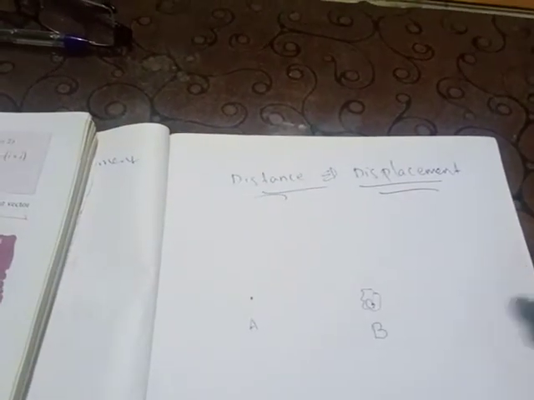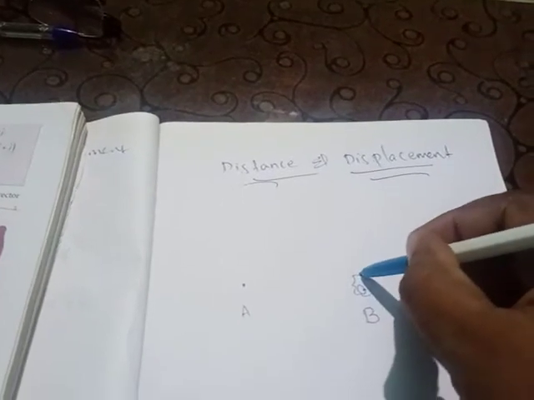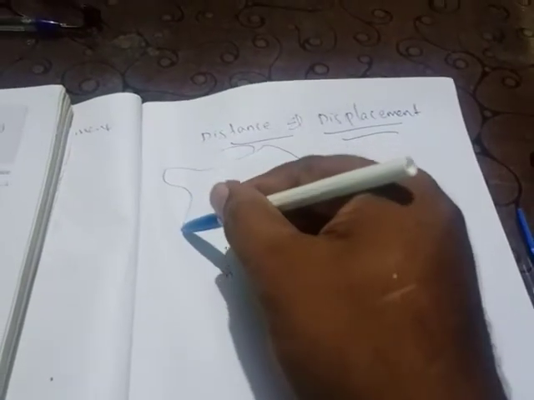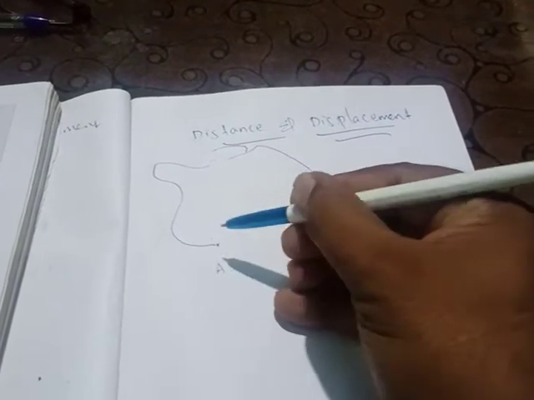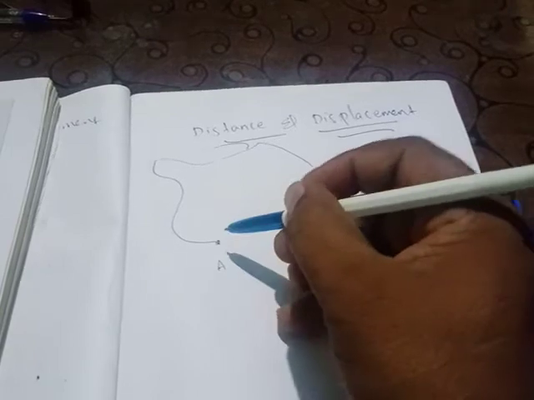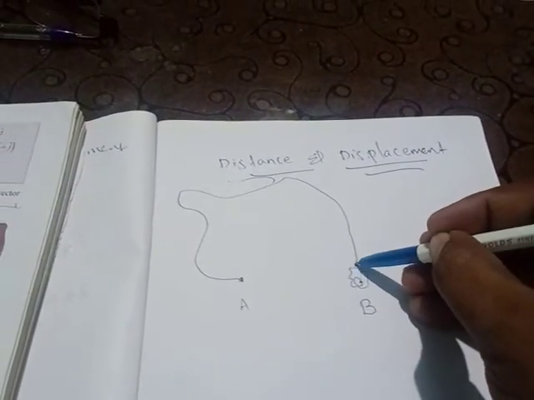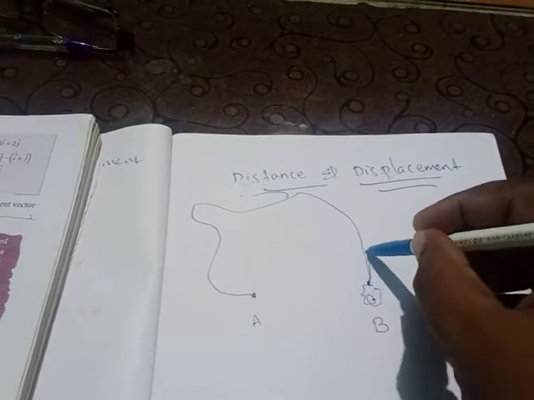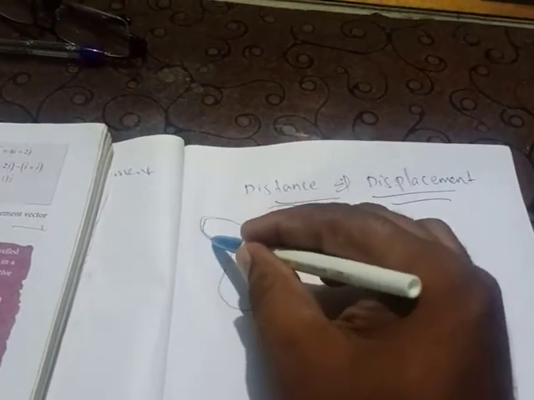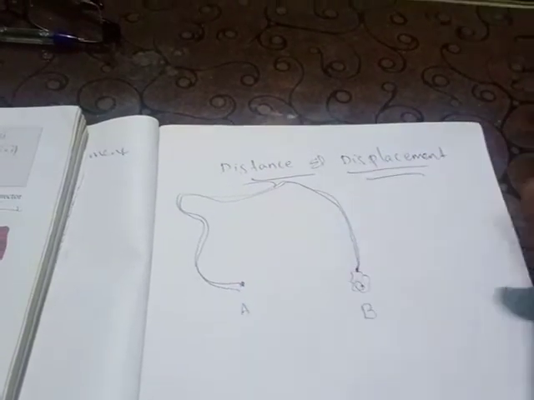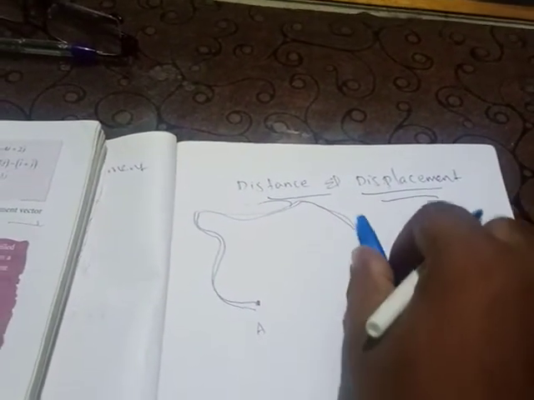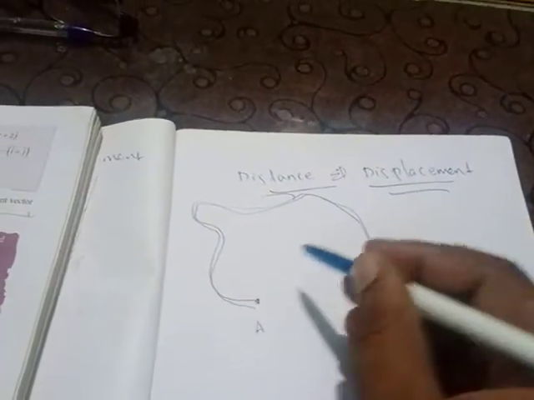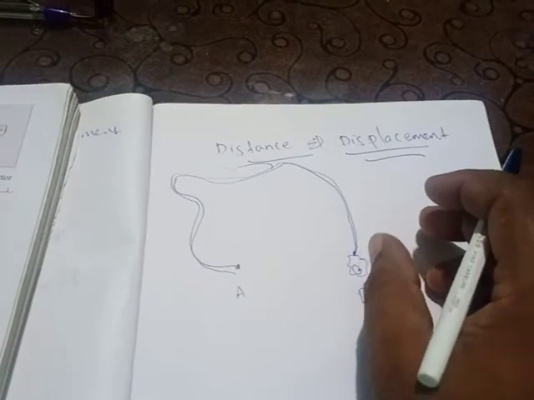You see, this is a path length traveled by the object.